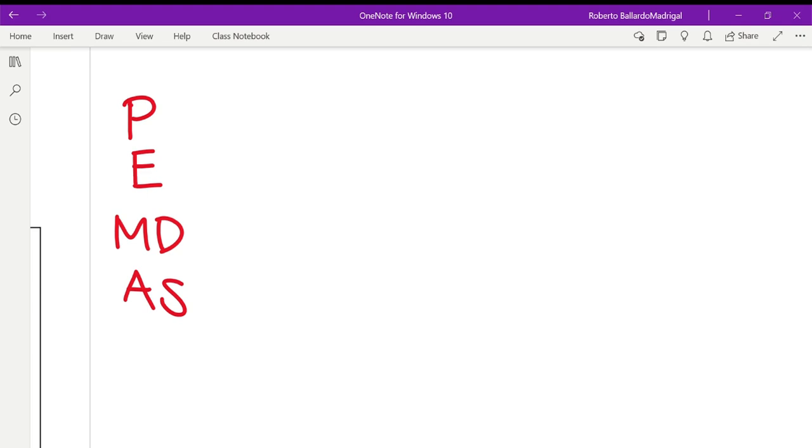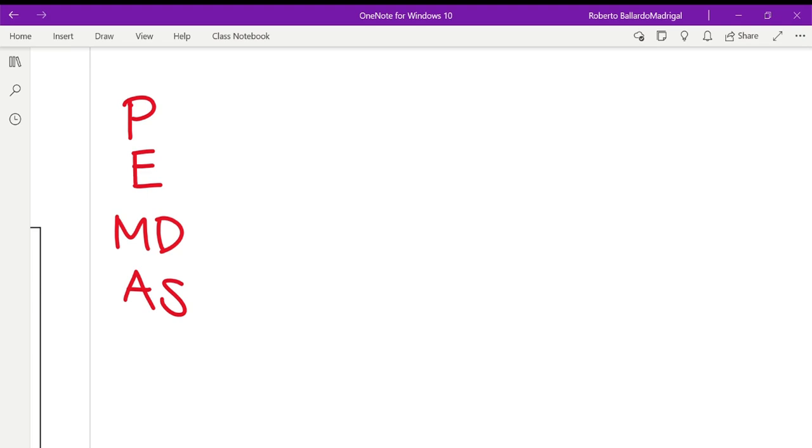Once again, somewhere on the side of your paper or on your screen or anywhere on this document, write PEMDAS the way that you see it on the screen. So PEMDAS is what we refer to as order of operations, and you can think of order of operations as a list of steps to take. So you must go in this order, otherwise you will not get a correct solution.